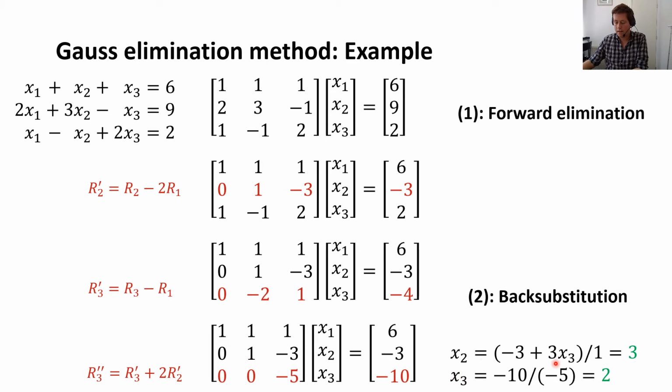We plug in 2 into this equation. Well, we get minus 3 plus 6 is 3 divided by 1 is 3. And finally, we can do the same for the first equation. So we get 6 minus 2 is 4, minus 3 is 1, divided by 1 is 1. So our solution is 1, 3, and 2 for x1, x2, and x3.